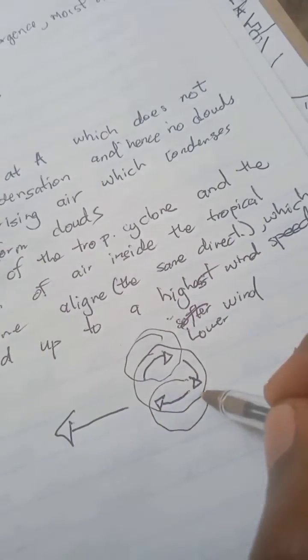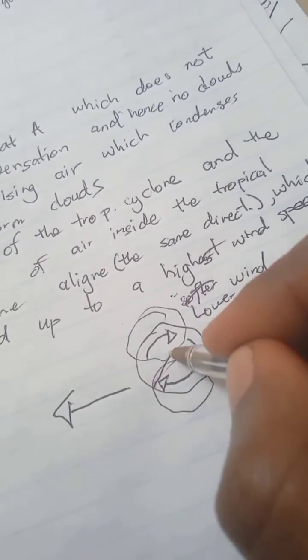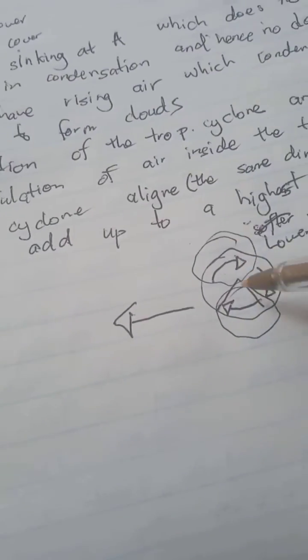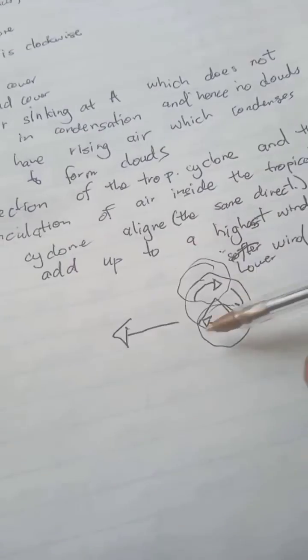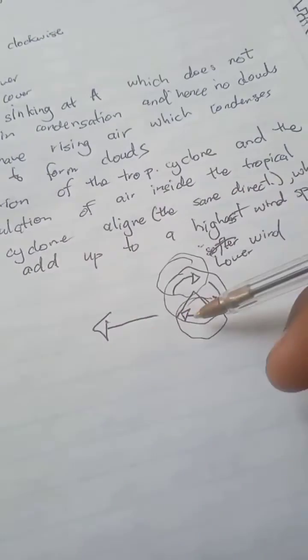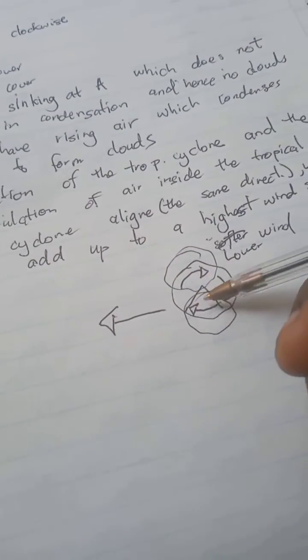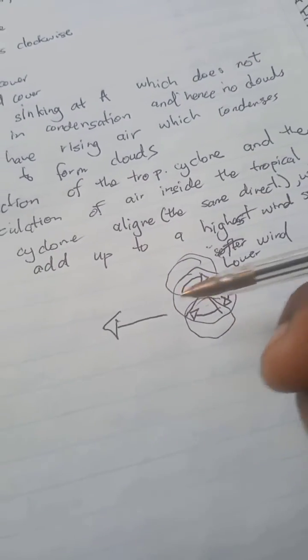But let's look at this position now. This is where you have your dangerous semicircle. In this position, the whole of the tropical cyclone is moving to the east, and the direction of the circulation inside is east.